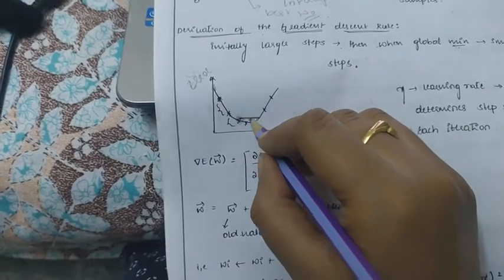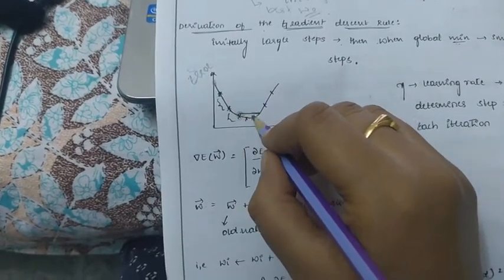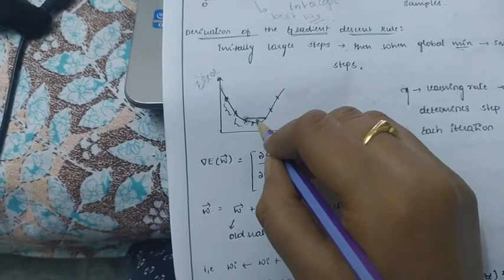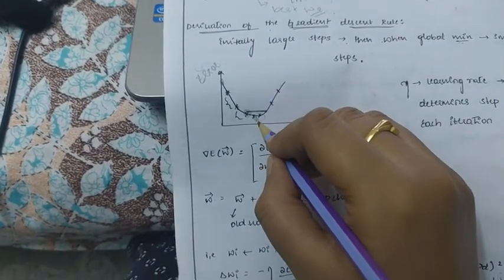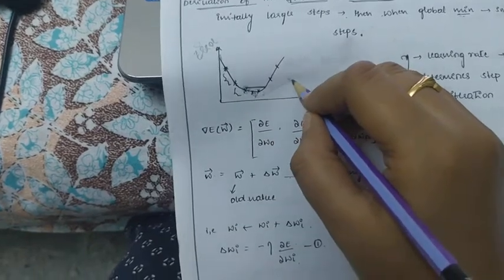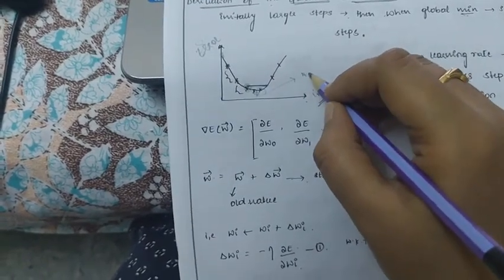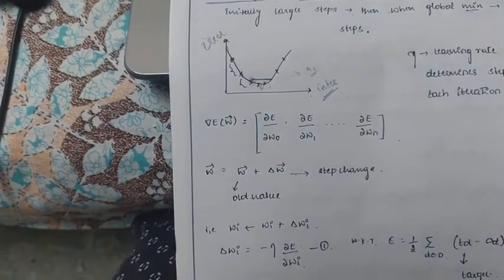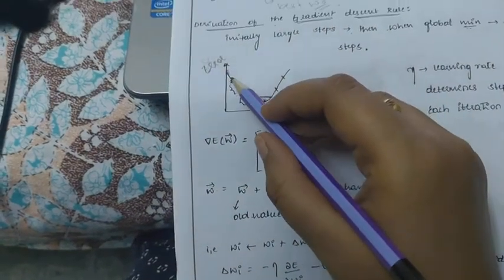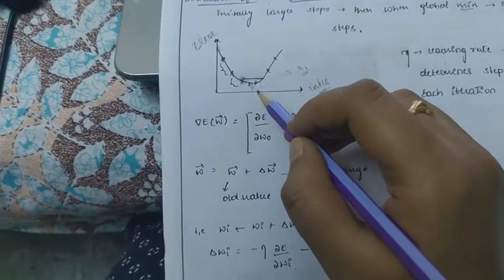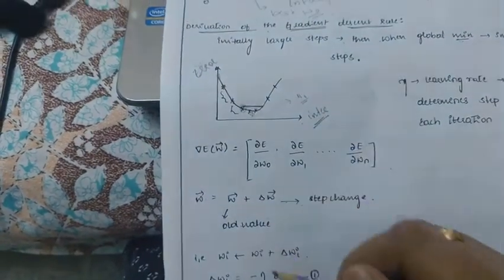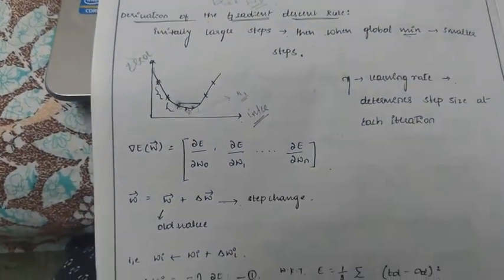This straight line written in black, you can see that we are going to skip this global minimum point, which indicates the least error, or when we have the best weight. So initially we move with larger steps, and when we reach the global minimum point, we take smaller steps.